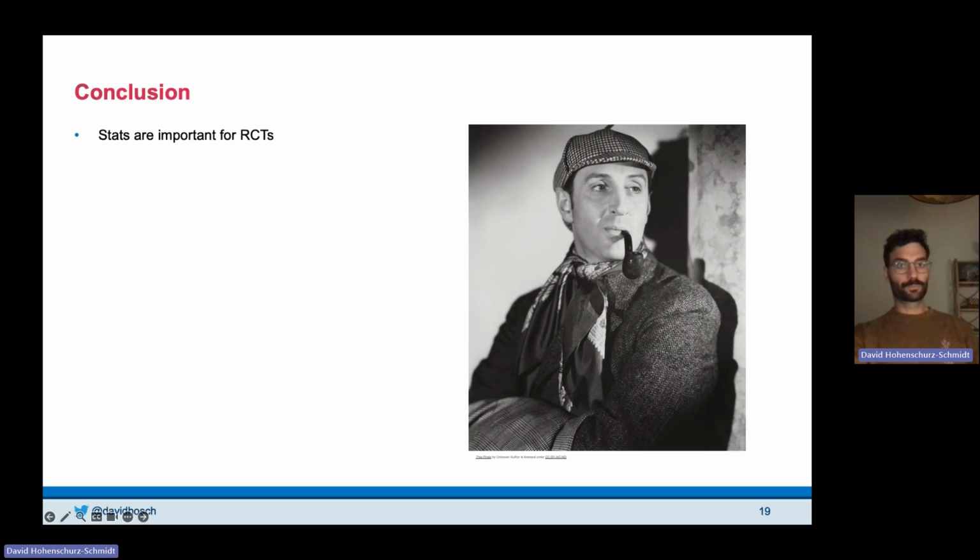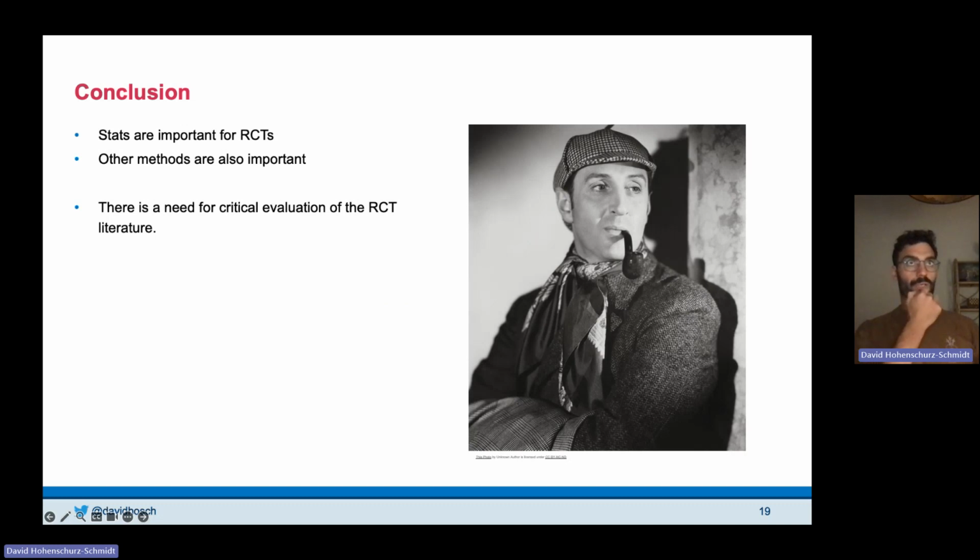Design methods are also important, as well as the integrity of the researcher and their compliance with best practice. But I think what we can be certain of here is that there is a need to look critically at randomized controlled trials and how they're reported.